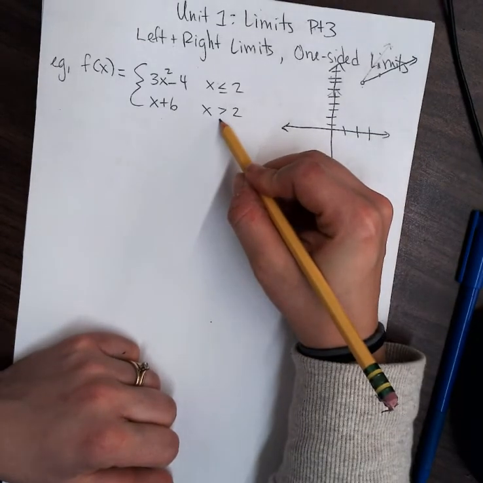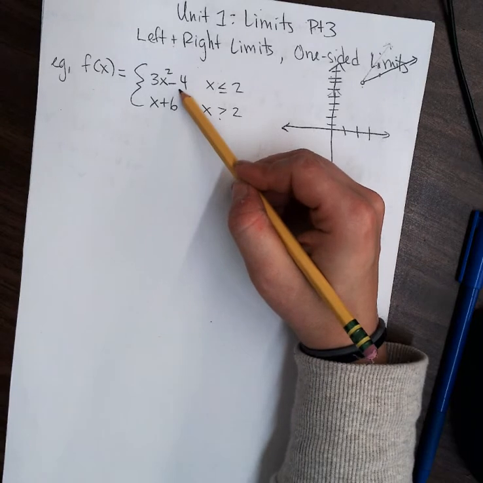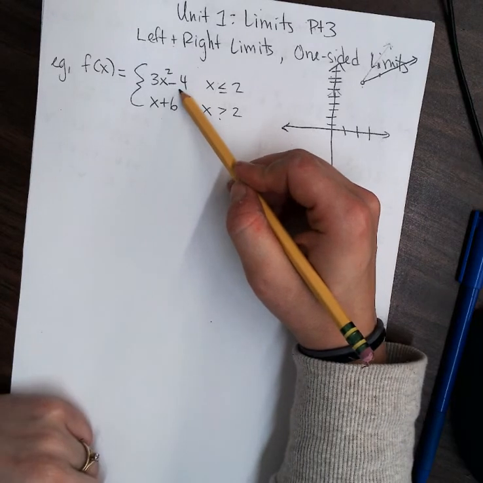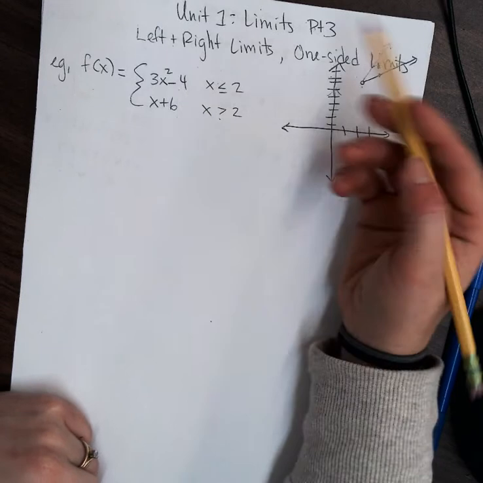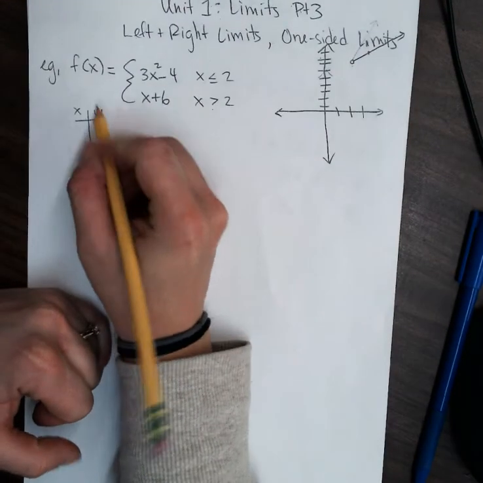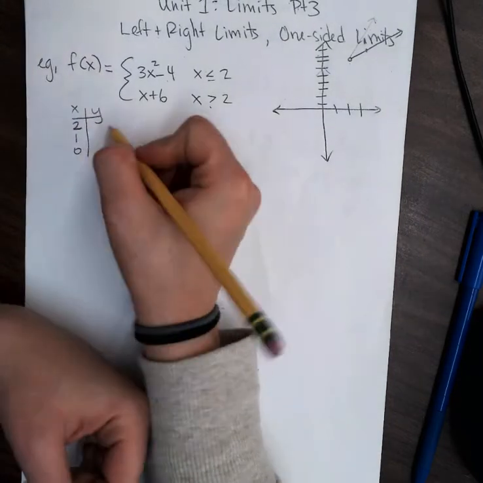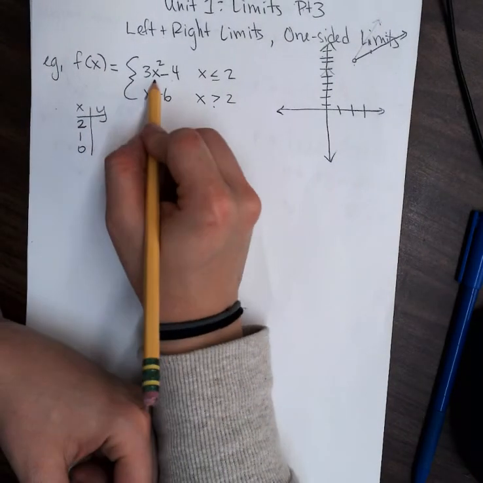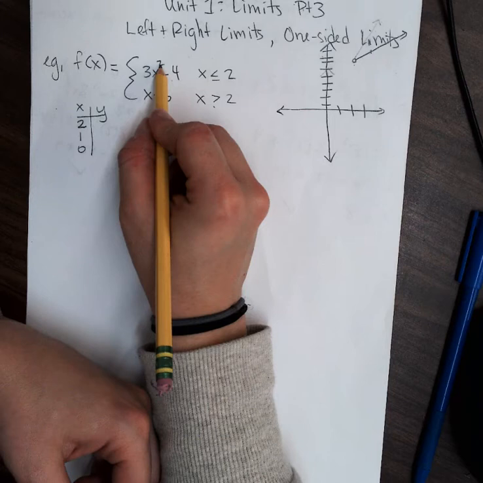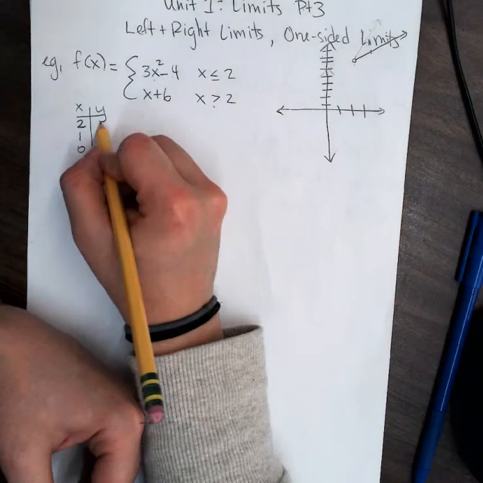Now let's talk about our quadratic function, and that occurs only when x is less than or equal to 2. Let's make a table of values, it usually helps. Let's plug in 2, 1, and 0 and see what our graph looks like. We plug in 2 here, we get 2 squared, which is 4. So we get 12 take away 4, which is 8.